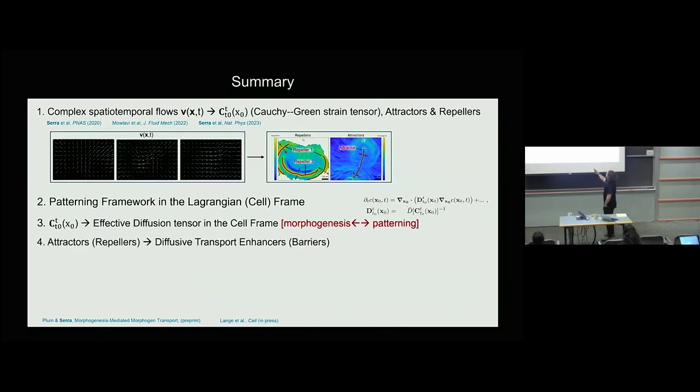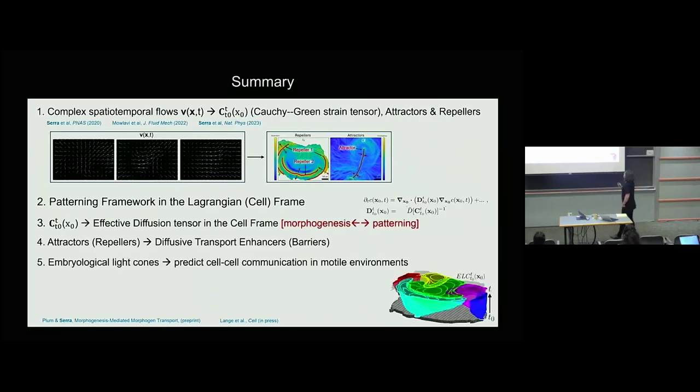We also saw that attractors and repellers are the regions where this Cauchy-Green tensor is highest, and therefore the regions where the modulation of non-cell autonomous cell-cell signaling will be highest. In fact, you can show that attractors and repellers are diffusive transport enhancers and barriers. Then we showed this technique that allows you to predict, given the motion and deformation of the tissue, and some plausible mechanisms, such as sources, sinks, and relay mechanisms, which cells can communicate with other cells.